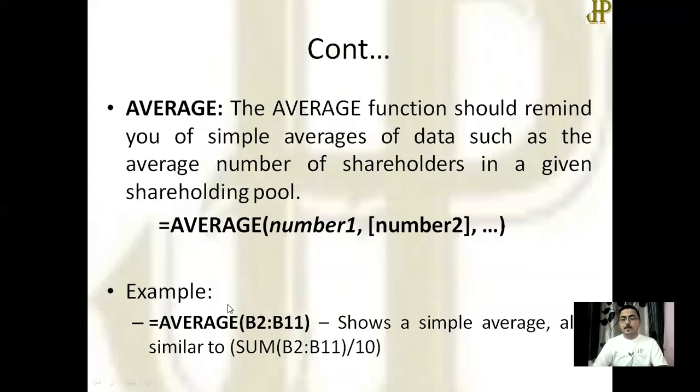Clear? Now, next one is average. What is the average? If you want to calculate what is the average score of your class, or what is the average of your total marks. So what is to be done? Total marks divided by the number of subjects you taught.